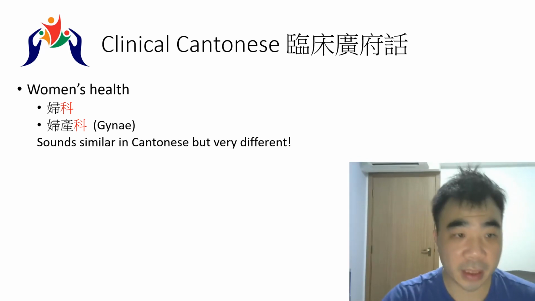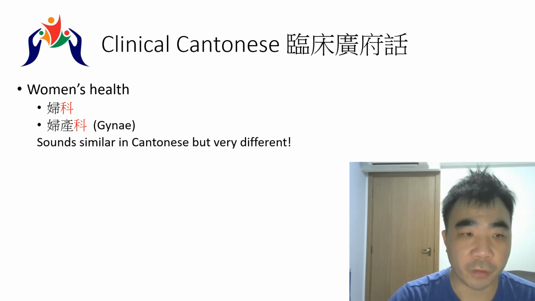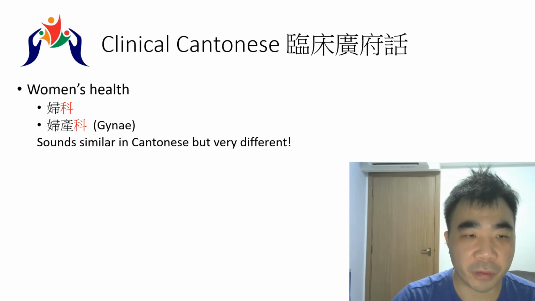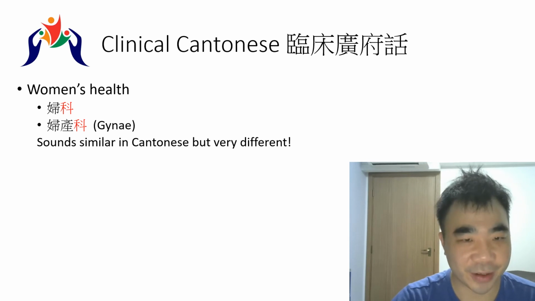In Cantonese, for general women's health, we say 婦科, 婦科. For particularly involving gynae about babies, Cantonese says 婦產科, 婦產科. Quite similar in Cantonese, right?